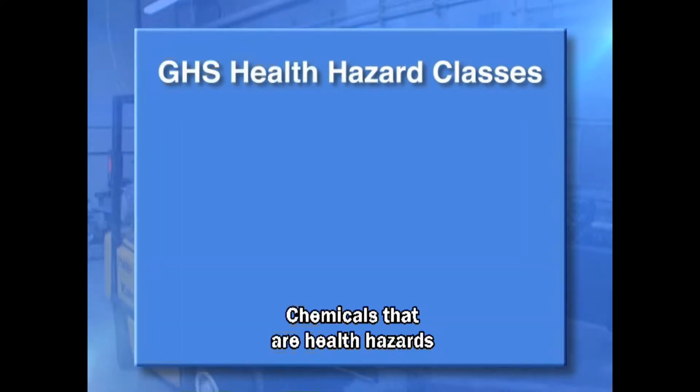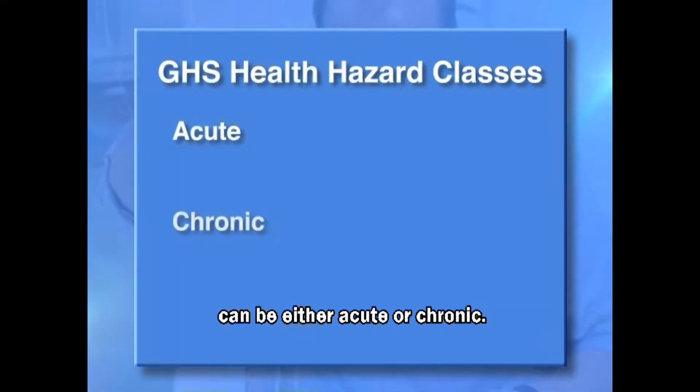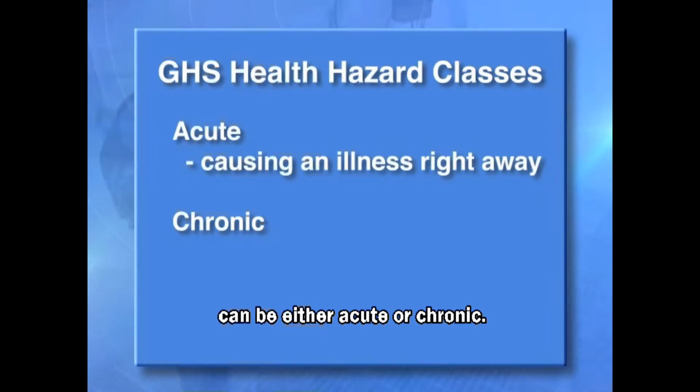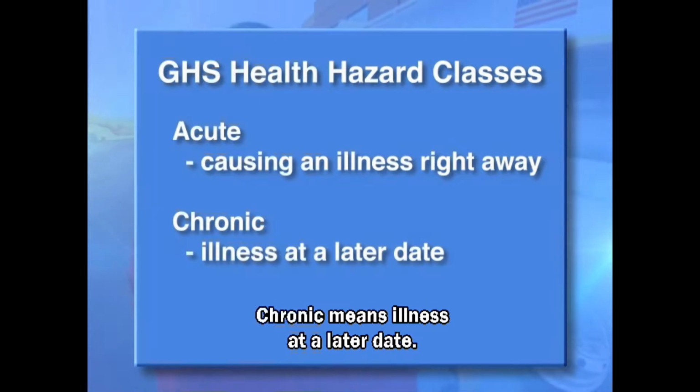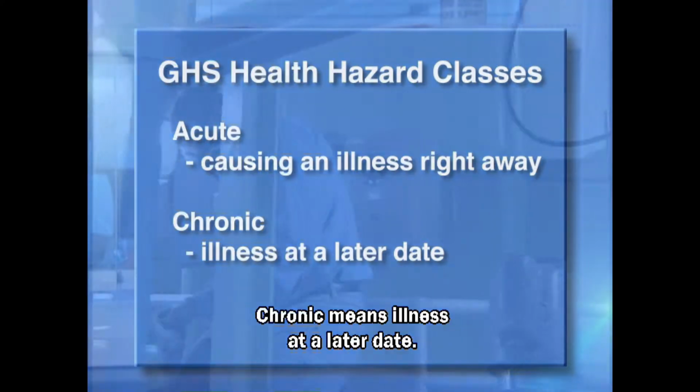Chemicals that are health hazards can be either acute or chronic. Acute means causing an illness right away. Chronic means illness at a later date.